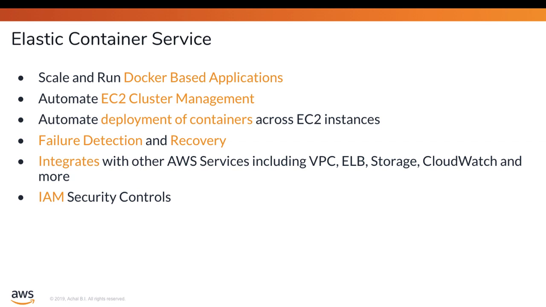It automates EC2 cluster management, and it automates deployment of containers across EC2 instances. It also detects failure and has recovery capabilities. It integrates with other AWS services, and it also provides IAM security controls.